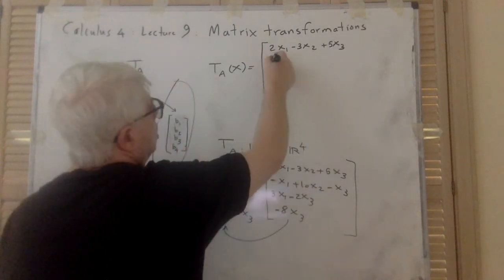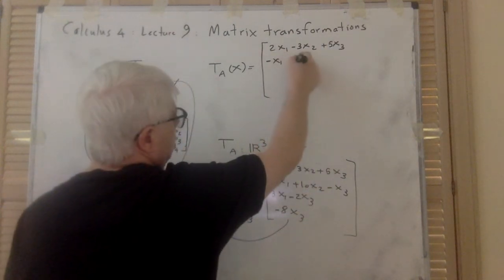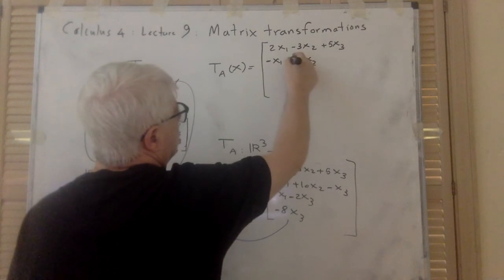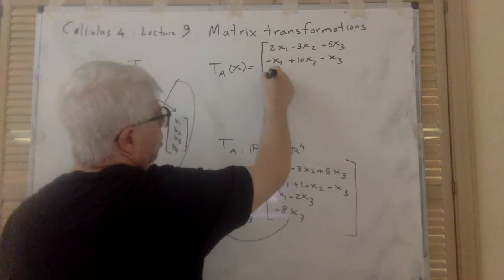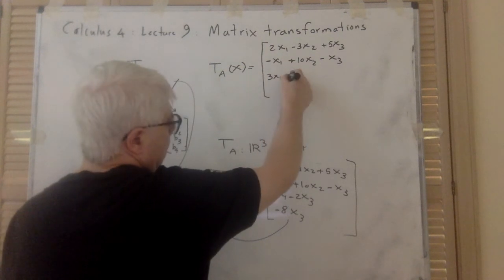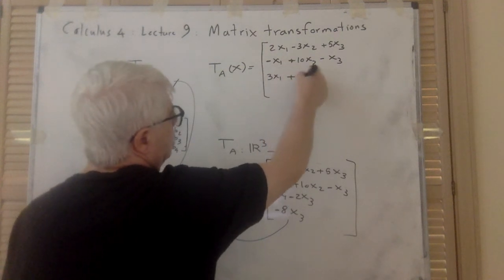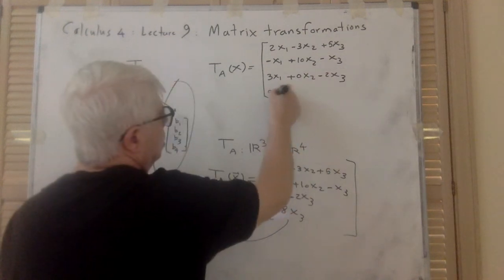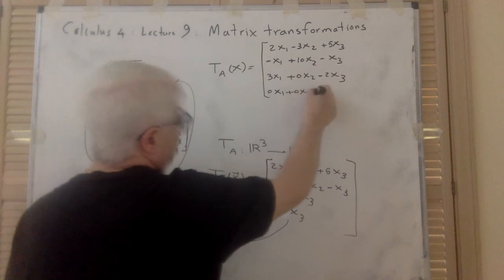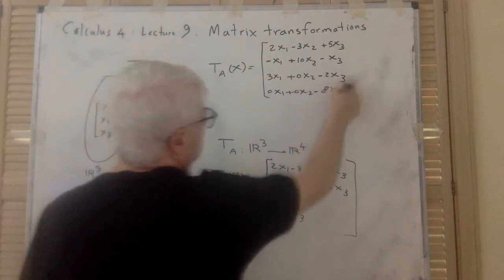Second one is minus x1 plus 10 x2 minus x3. The third one is 3x1 plus 0 x2 minus 2 x3. The last one, 0 x1 plus 0 x2 minus 8 x3.